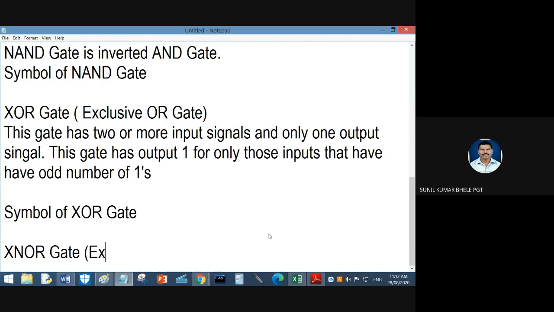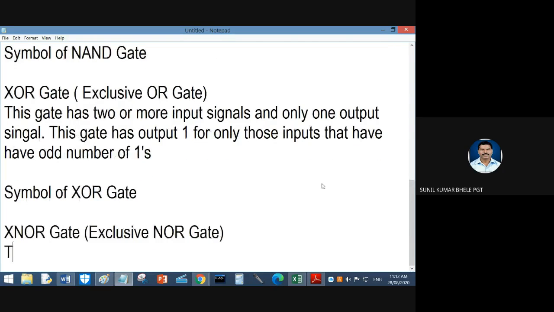It is called exclusive NOR gate. So it is an inverter of the exclusive OR gate actually.